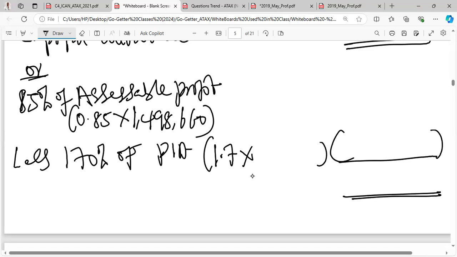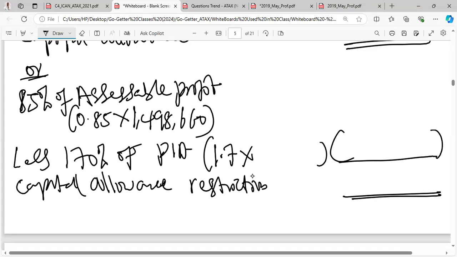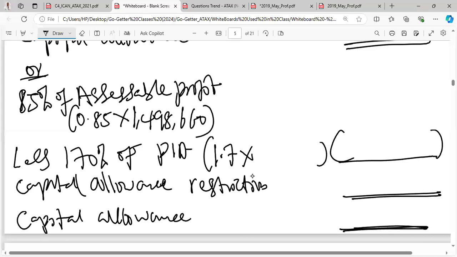Then this will be your capital allowance restriction. Then you now say capital allowance. So the capital allowance that we'll be choosing is the higher, no, the lower. The lower.